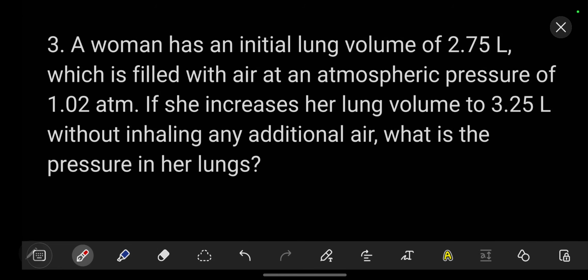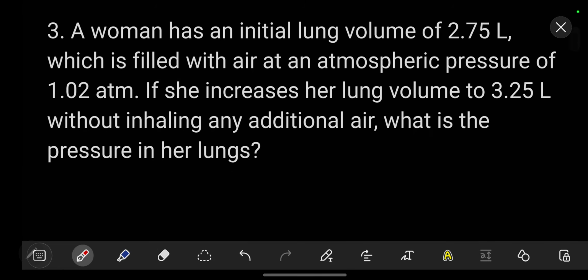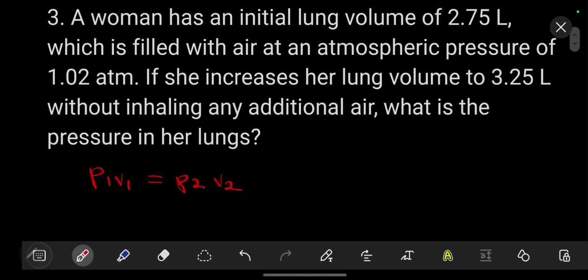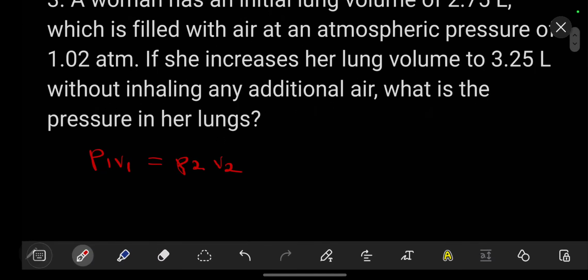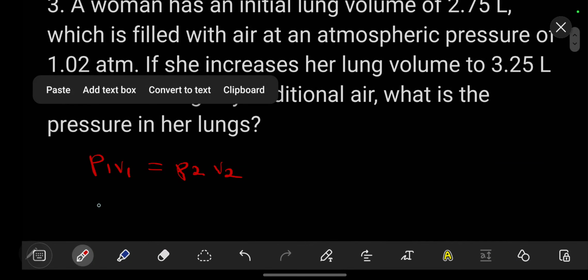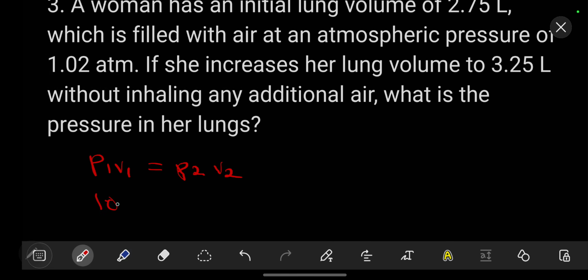By Boyle's law, since the pressure is inversely proportional to the volume, P1 V1 should be equal to P2 V2. Now we know that our pressure is 1.02 atmospheres.